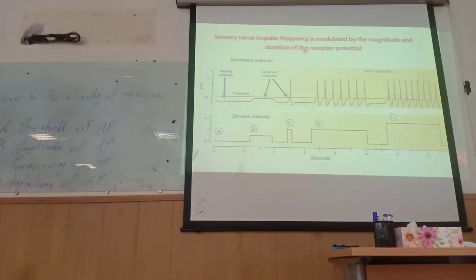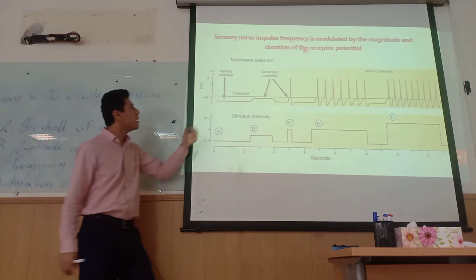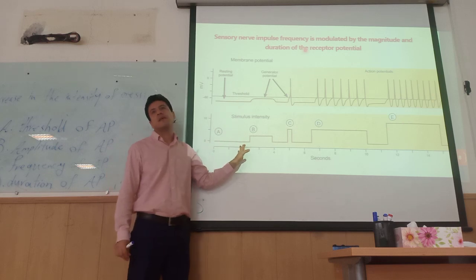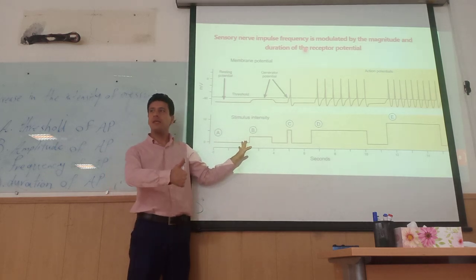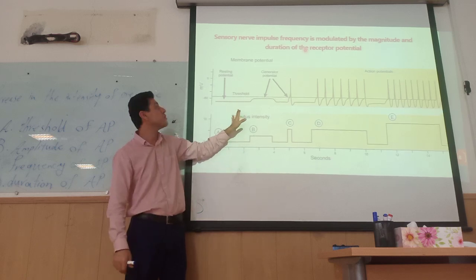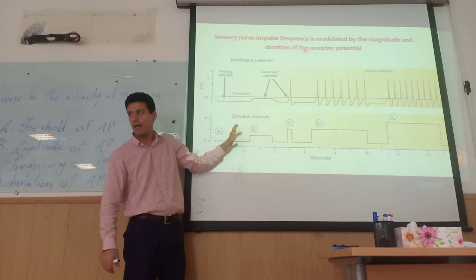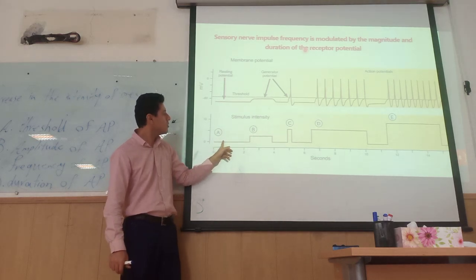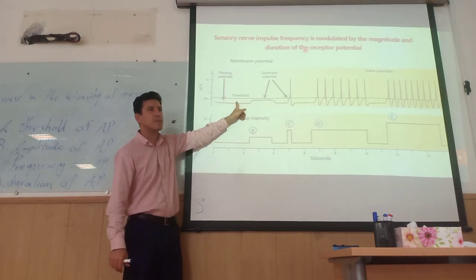Okay. So, let's get back to the receptor, I mean the Pacinian corpuscle. I told you that if you press the skin, that is stimulation, right? The answer is a change of potential. When there is no stimulation, there is no receptor potential.